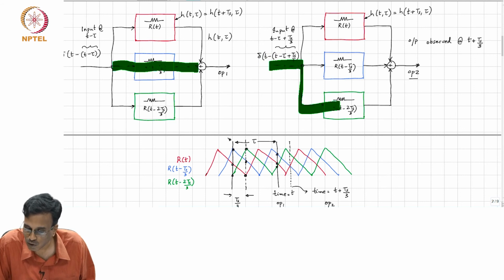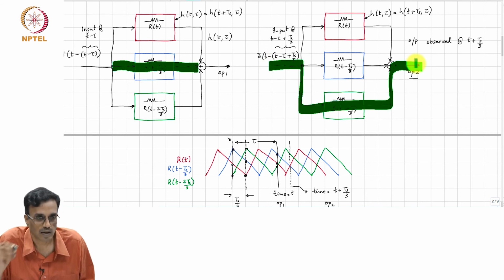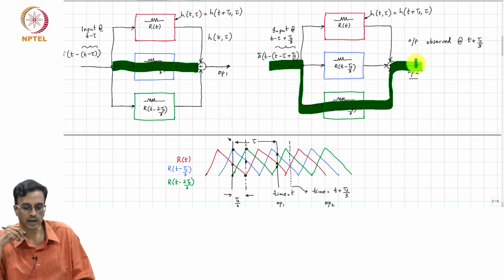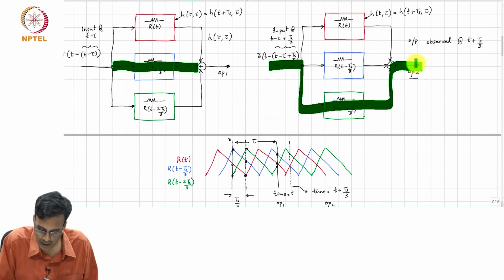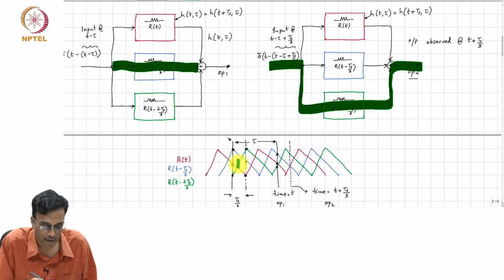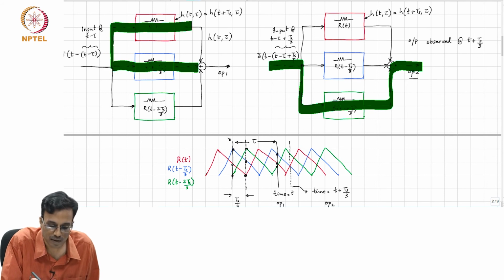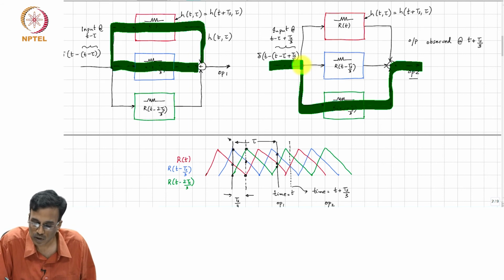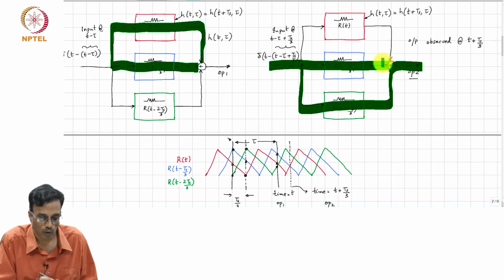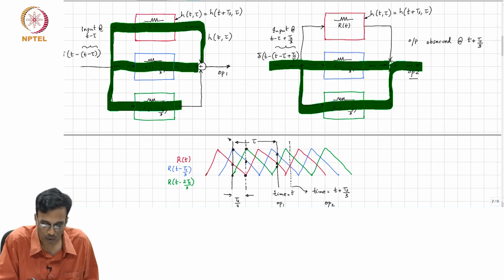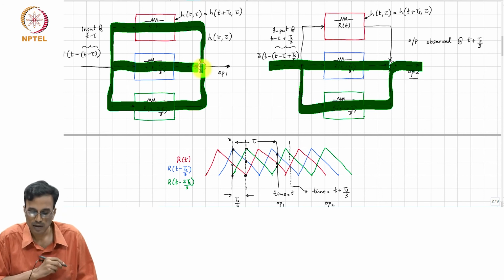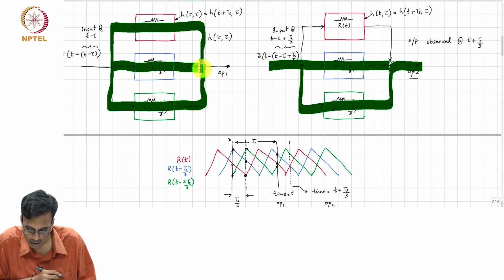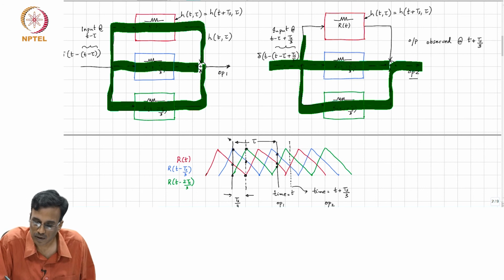Whatever output you were getting through the red box in the first case, you will now get through the blue box, and whatever you were getting through the green box before, you will get through the red box.